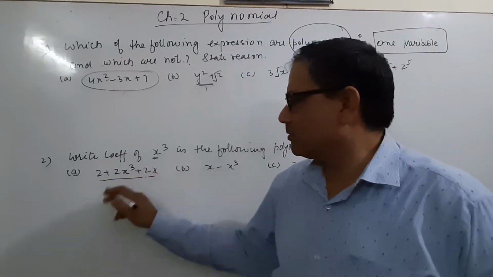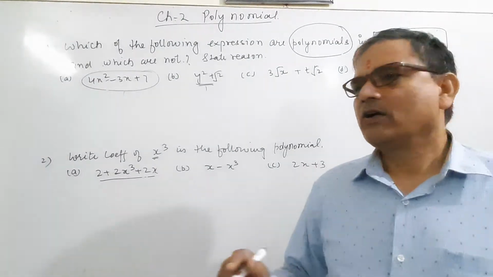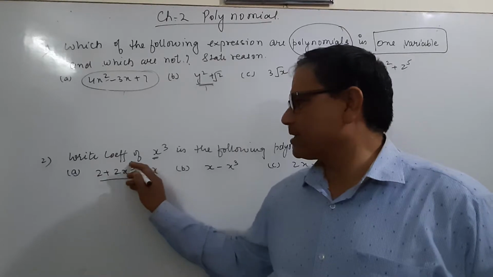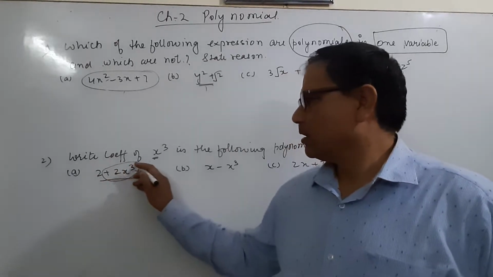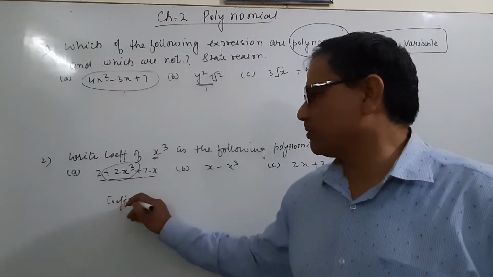What is the coefficient of x cube? We have to check first, where is x cube? Here is x cube? No. Here is x cube? No. Here is x cube. How do we find the coefficient of x cube? Listen carefully.